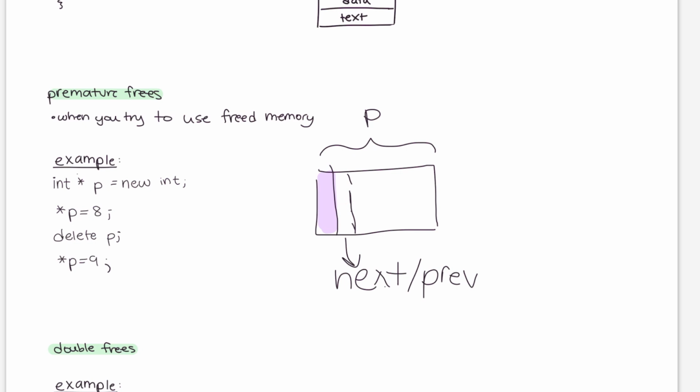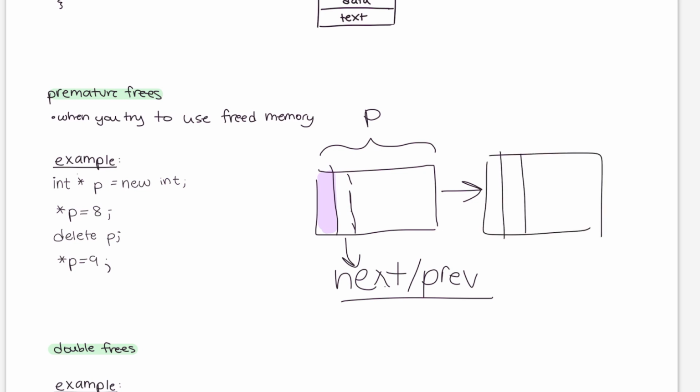But when we delete it, it's freeing this up, and we're keeping track of next and previous, and it's added to a free list and pointed to the next thing. Now, if we assign 9 to it, it's going to rewrite this section and remove the next and previous to store the value 9.